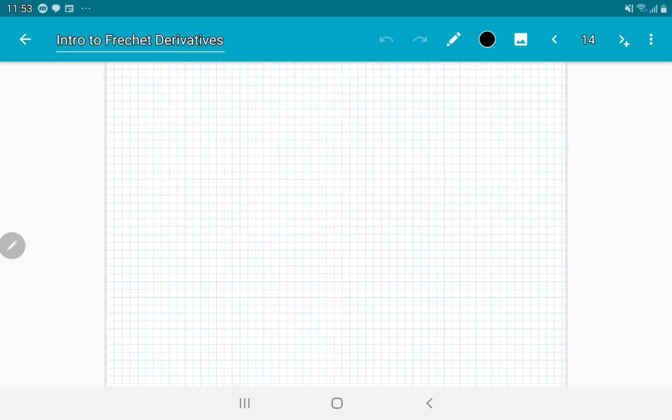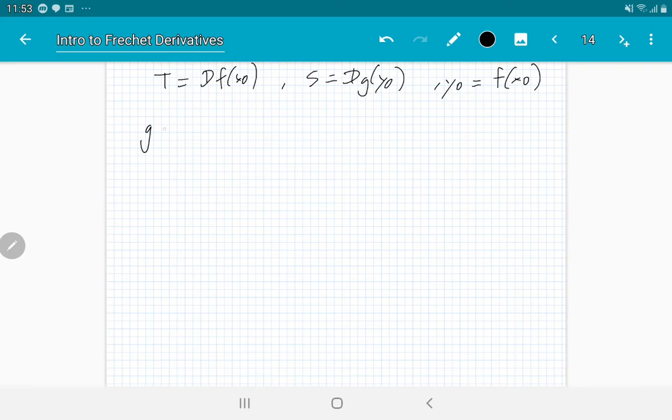Okay, and now I actually have to prove the theorem, right? So remember that I'm going to write it here on top again. S is equal to G's derivative at y0, where y0 is equal to f of x0. And I want to prove that the Fréchet derivative of the composition is what I'd like it to be.